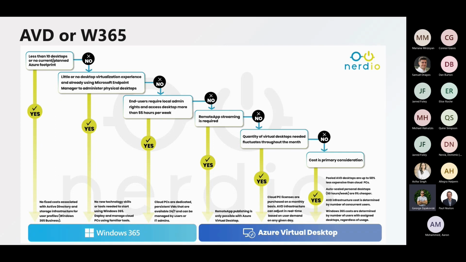So if it's required more than 55 hours a week, do you need remote app streaming? If yes, then you can only do that in Azure Virtual Desktop. If no, then does the quantity of virtual desktops needed fluctuate throughout the month? Like, do you need to save costs further by spinning up and spinning down VMs?